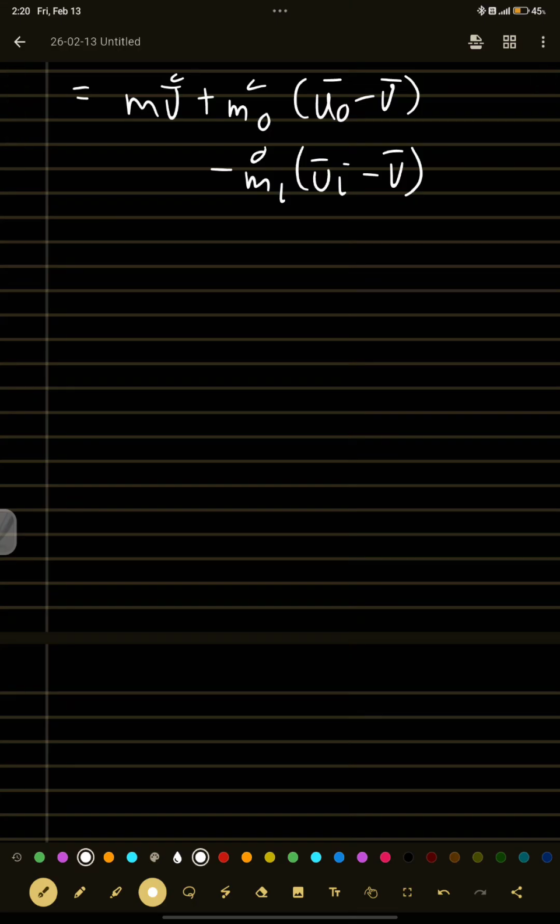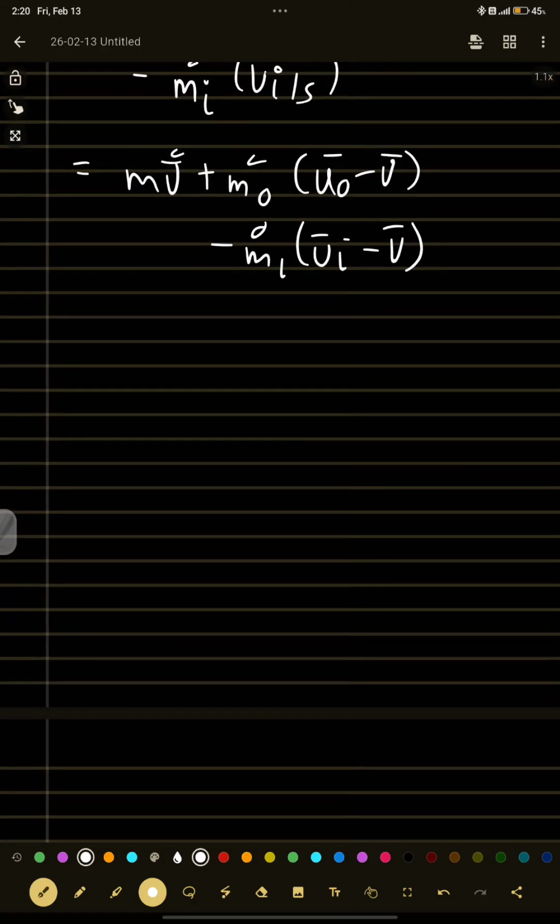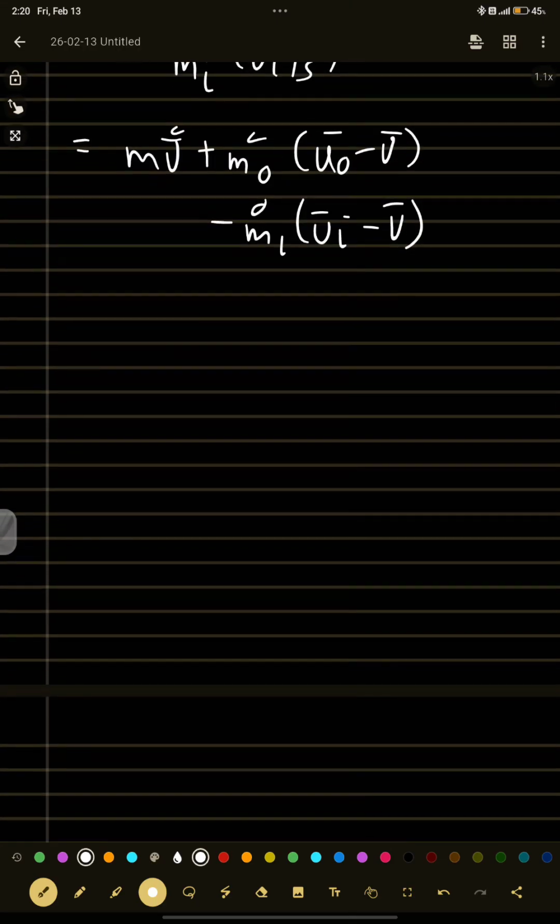When you apply it to fixed containers and steady flow, m dot I minus m dot O becomes 0, which implies that m dot I is m dot O, and we call this m dot S, just a single word for the rate of change of mass entering and leaving the system. Since it's a steady flow, the velocity field inside this container does not change with time.